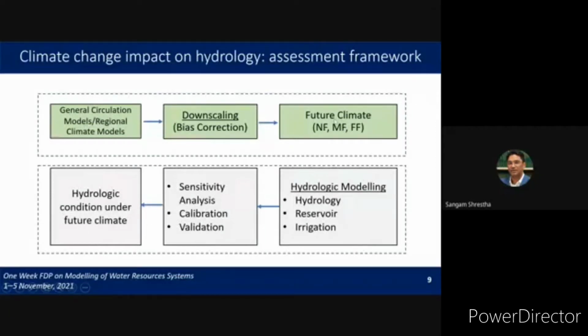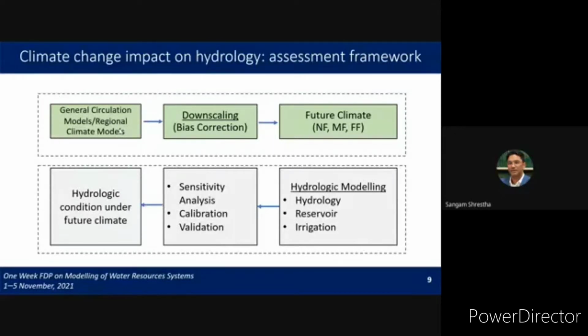So there are several techniques to create the future climate scenarios, and one of the techniques is to use the data of the general circulation models or regional climate models, because these are the main source of future climate data.